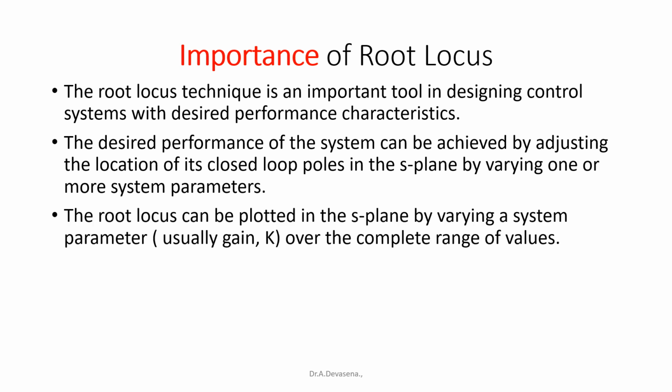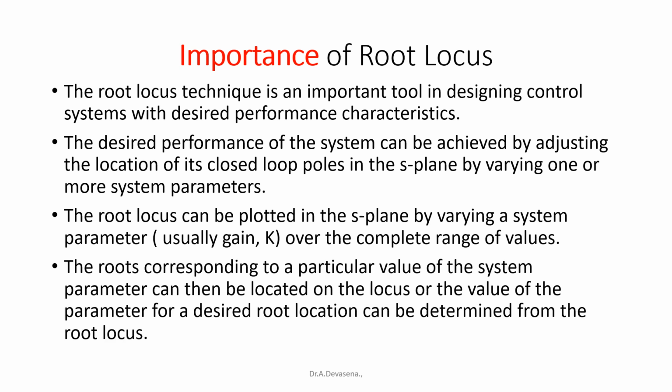The root locus can be plotted in the S-plane by varying a system parameter, usually gain k, over the complete range of values. The roots corresponding to a particular value of the system parameter can then be located on the locus, or the value of the parameter for a desired root location can be determined from the root locus.